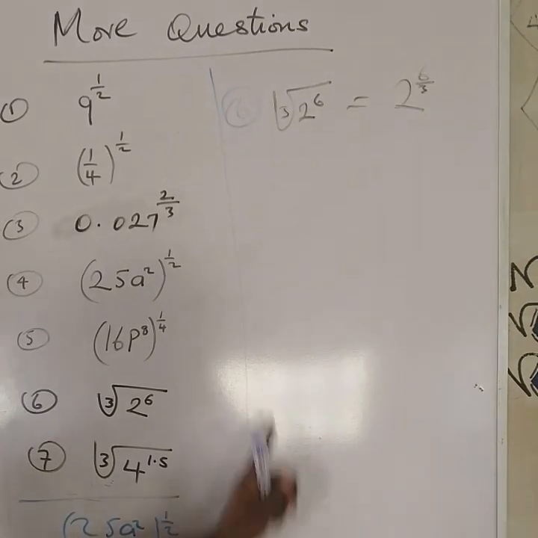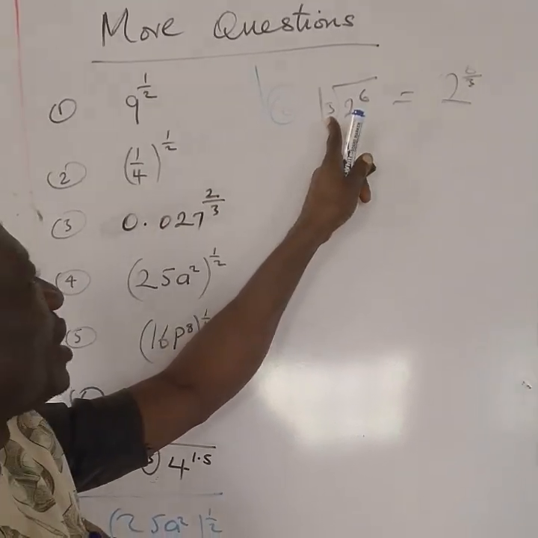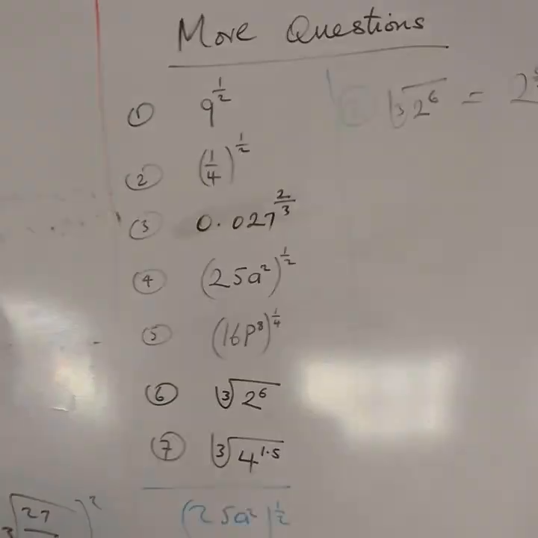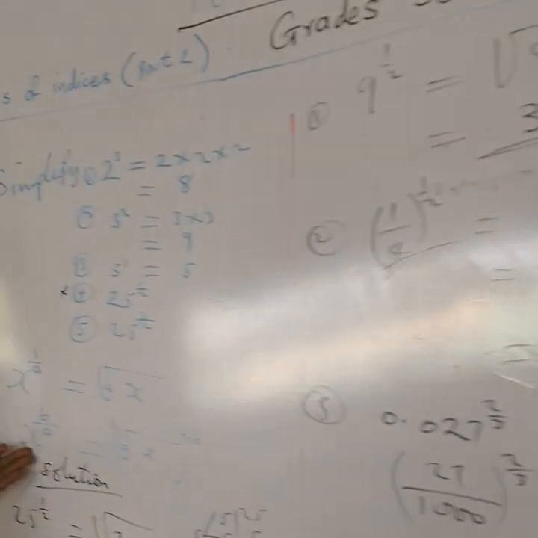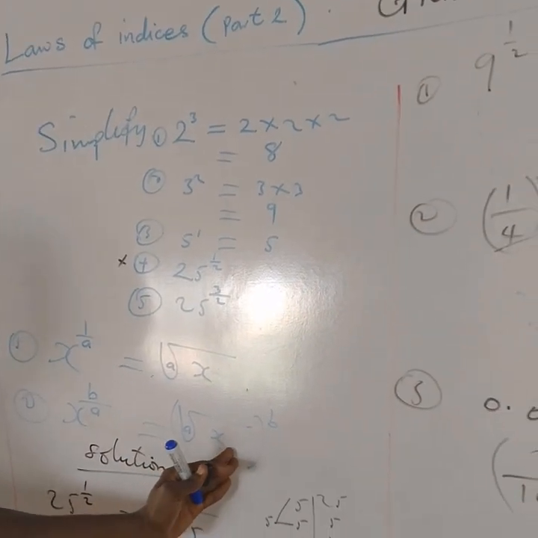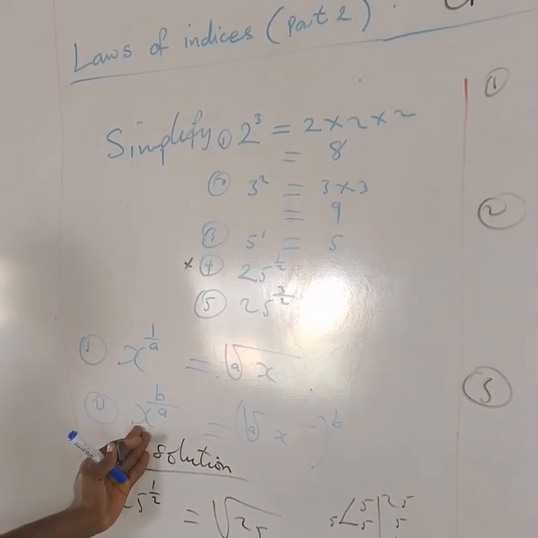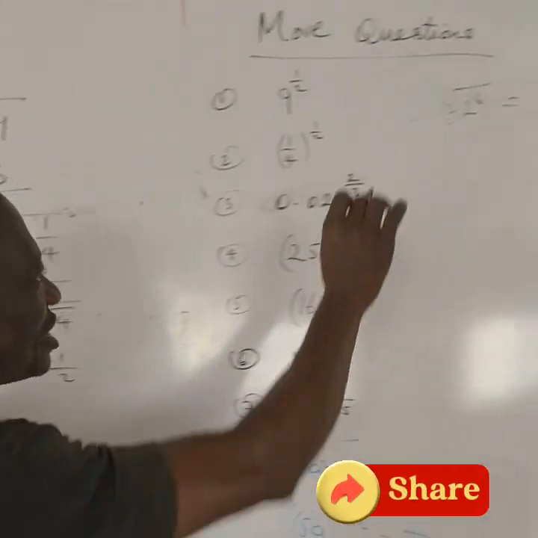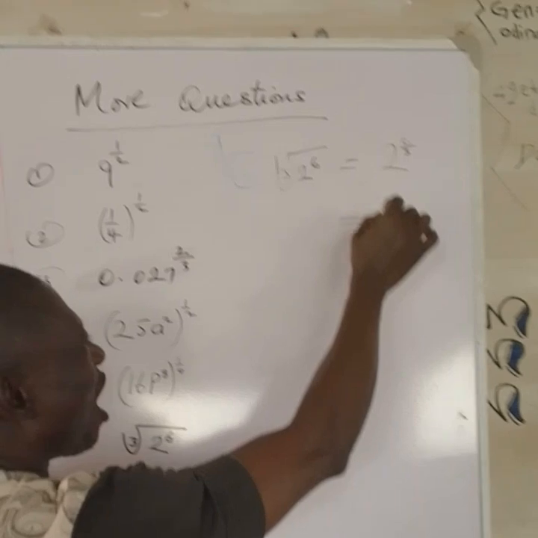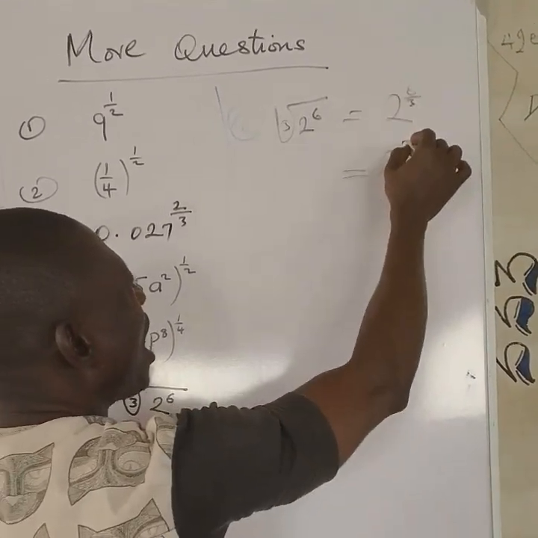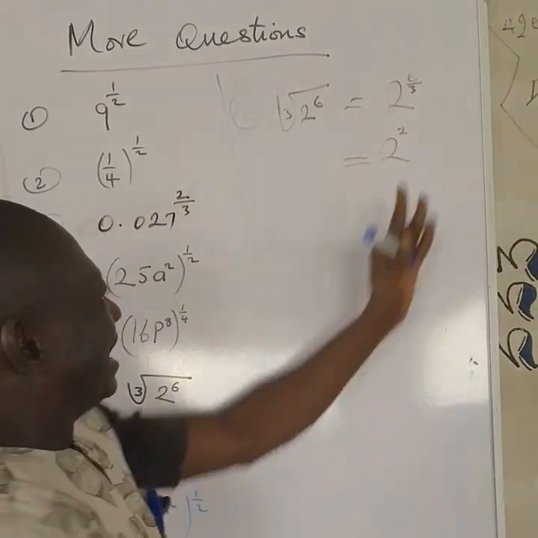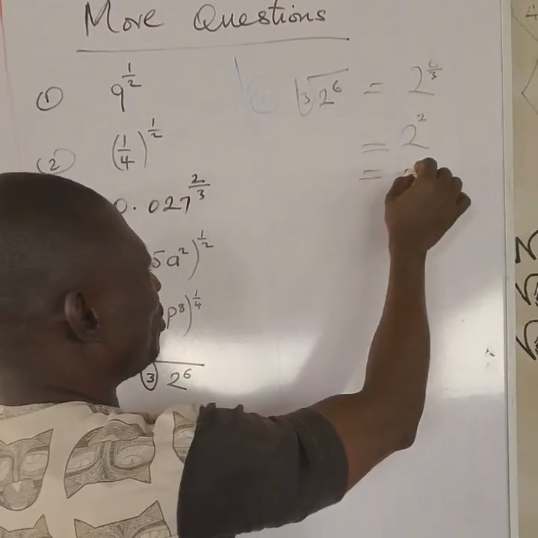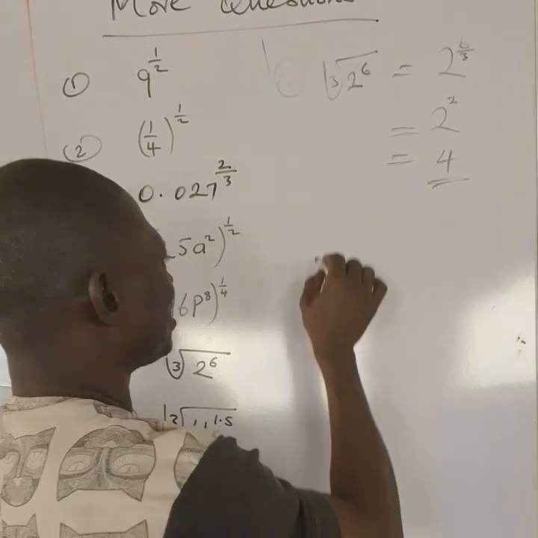What do I mean? It has always been the root of the denominator raised to power the numerator. So we take it back from where it is coming from using the law that we started from. If we do that, the answer is going to become 2 raised to power 2, because 3 dividing 6 will give us 2. So our final answer is going to be 4.